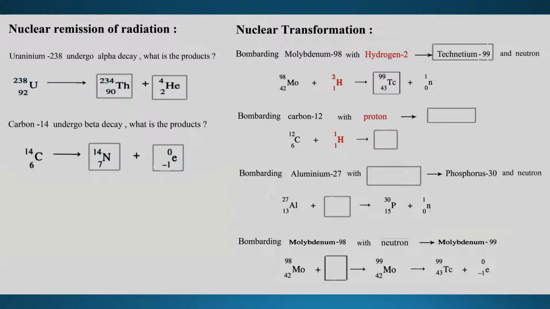What's the product? What's the name? Nitrogen 13. Next question. What's been bombarded with? Alpha particle. Next question. How to write neutron? Thank you.